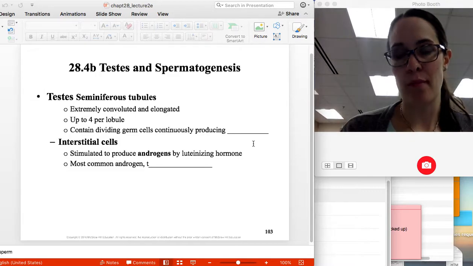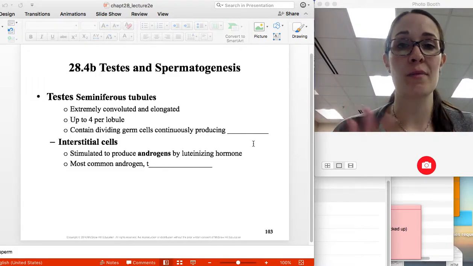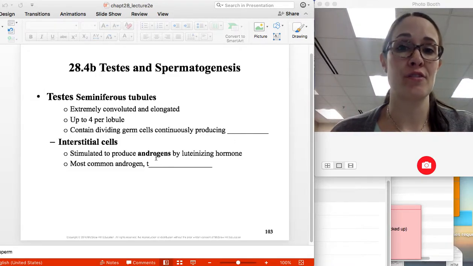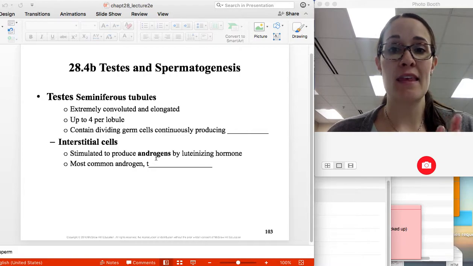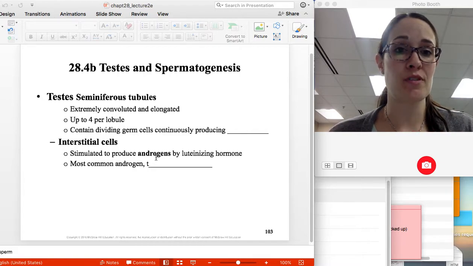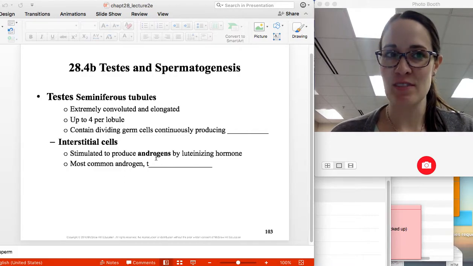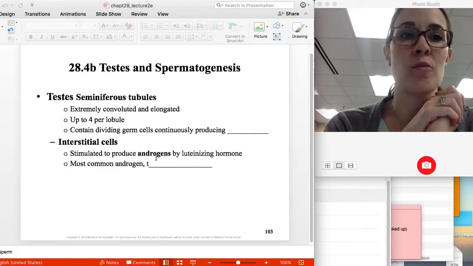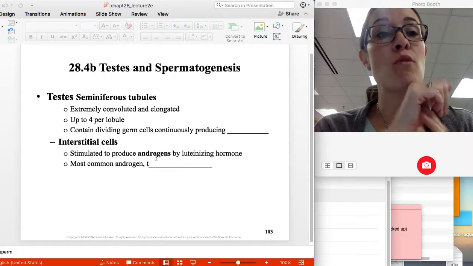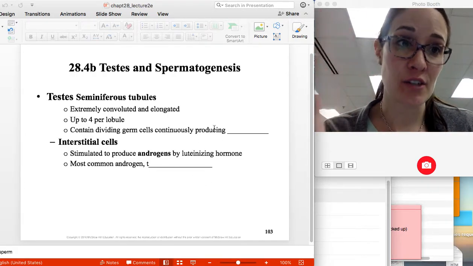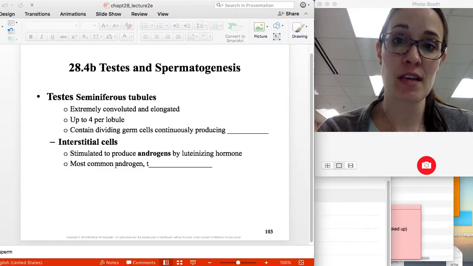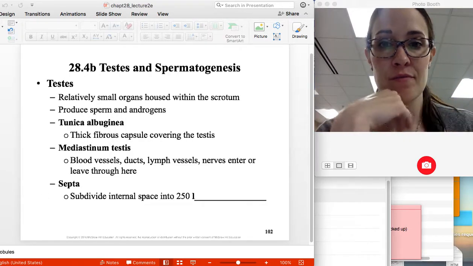That's important to remember. Around the seminiferous tubules, you have these interstitial cells, and they are stimulated to produce androgens by a hormone called luteinizing hormone. So yes, men, the luteinizing hormone affects them as well. And the most common androgen that the interstitial cells secrete is testosterone.